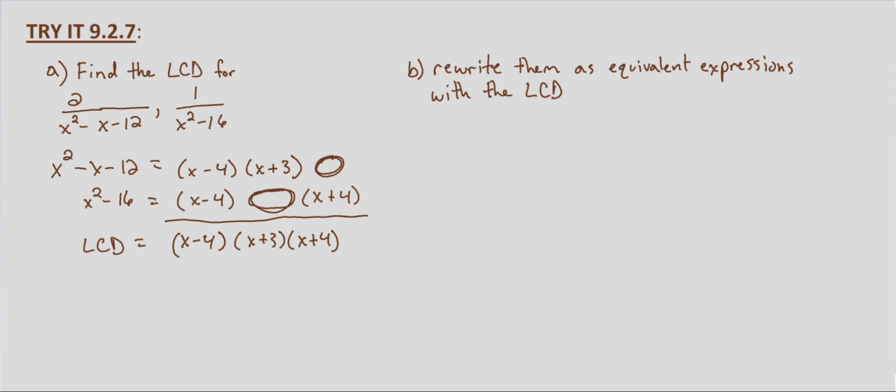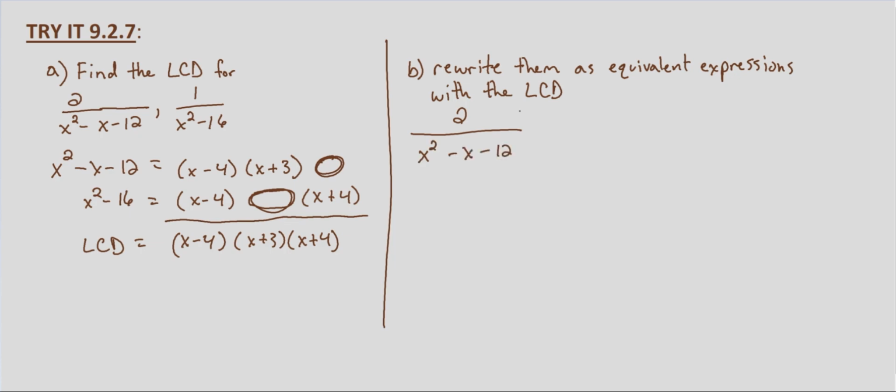Our next step, we multiply by what it's missing. We multiply the numerator and denominator by what the expression is missing. So if we look at this, let's write down what we have. We have 2 over x squared minus x minus 12.